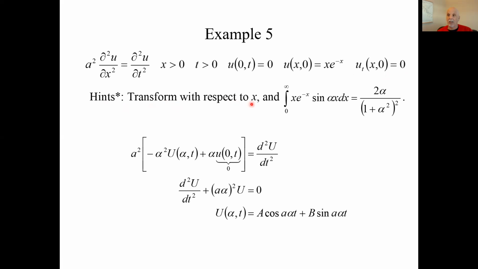So here I'm saying take it with respect to x. Another hint I gave them, so they wouldn't have to spend too much time evaluating an integral, was to tell them what that was. So if we take it with respect to x, semi-infinite, we know we're talking sine or cosine transform, and we look at conditions where x is 0.